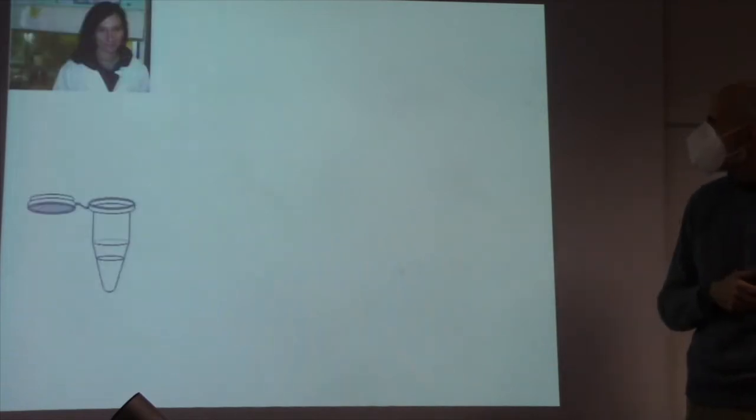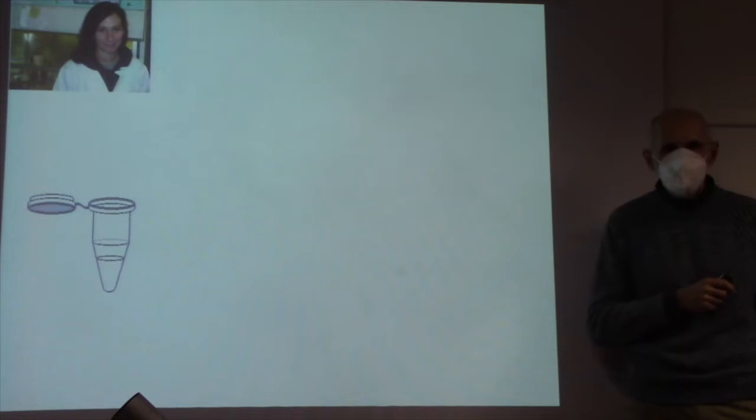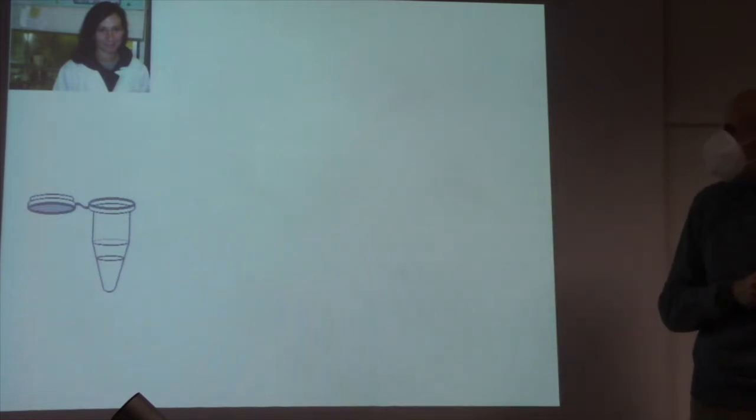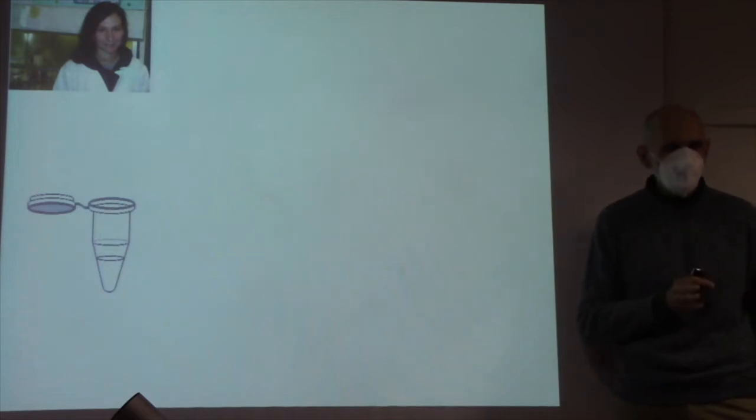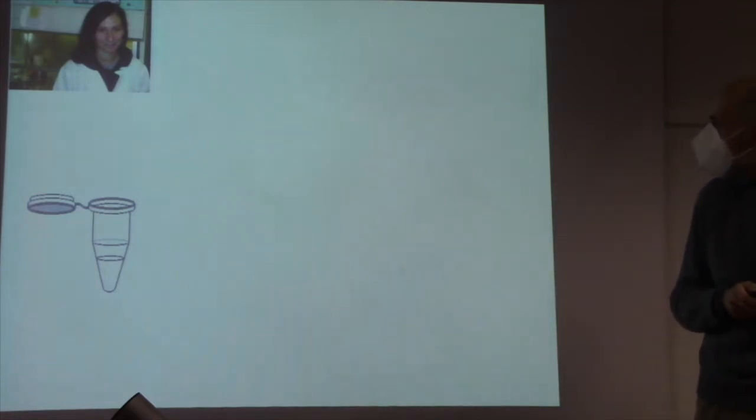But this is Sarah, who was doing the experiments in my laboratory, and she is a very accurate person. She said, okay, they say this is a good method, but I want to check it with my own hands, with my own eyes. And so she set up an initial experiment. Oh, by the way, how does the PicoGreen method work?